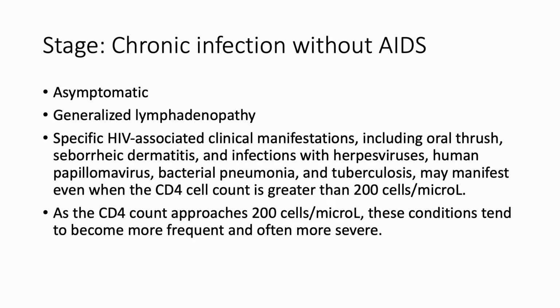Additionally, specific HIV associated clinical manifestations, such as oral thrush, seborrheic dermatitis, and infections with herpes, HPV, bacterial pneumonia, and tuberculosis, may manifest even when the CD4 count is greater than 200. As the CD4 count approaches 200, these conditions tend to become more frequent and often more severe and even fatal.